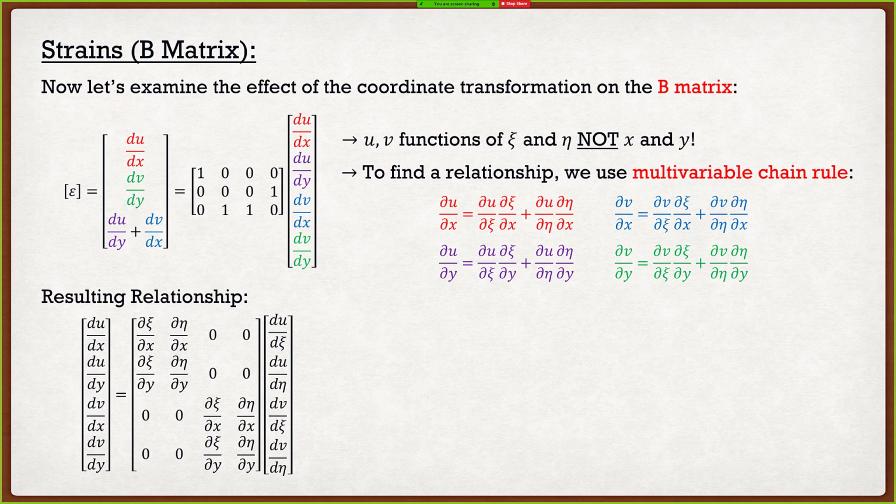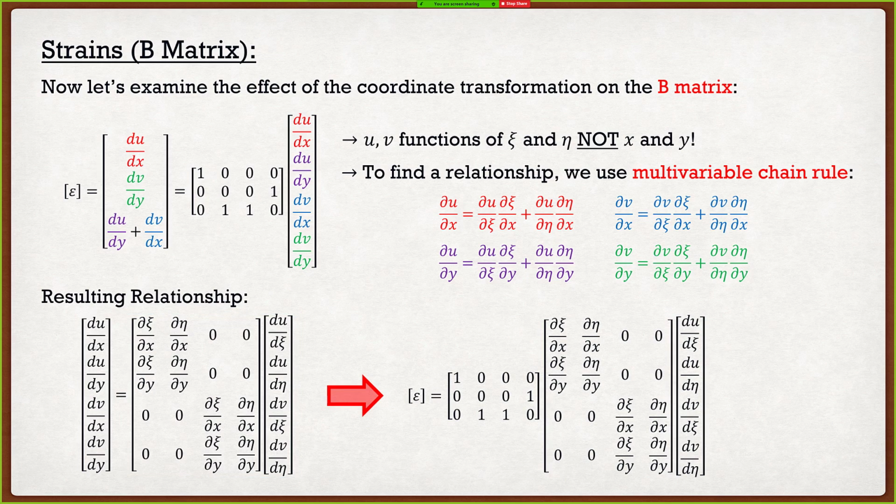So what we're going to do is take this relationship and substitute it into our vector above, and then we get our strain matrix as simply that vector full of ones multiplied by what I call that middle matrix, and then multiplied by a vector: du with respect to eta or z, du with respect to eta, dv with respect to z, and then dv with respect to eta.